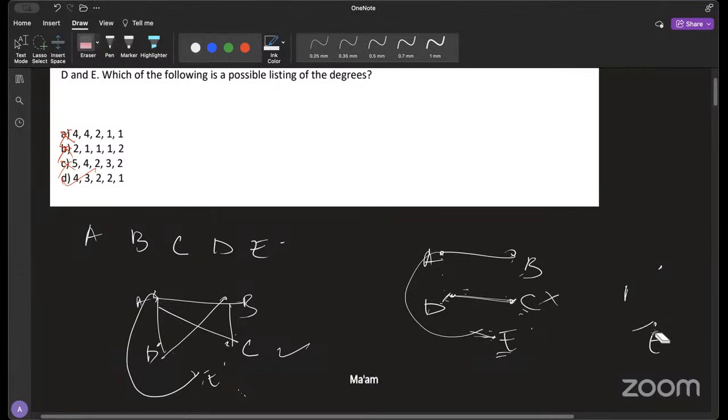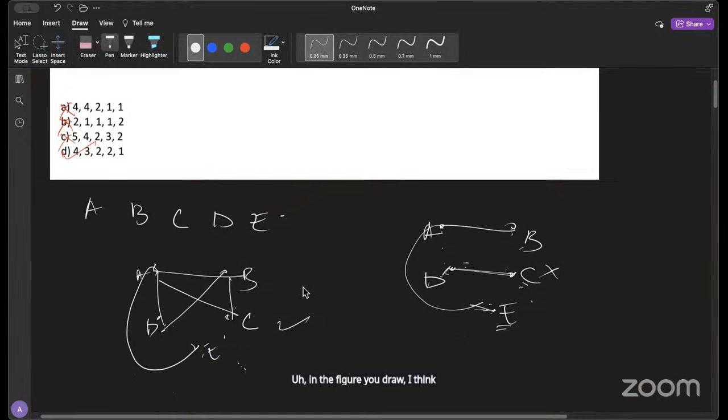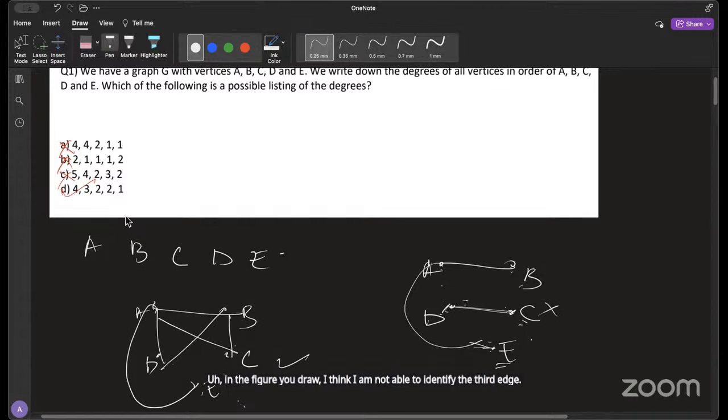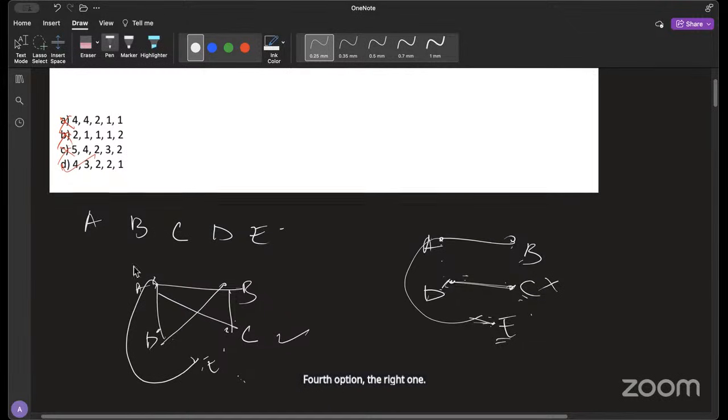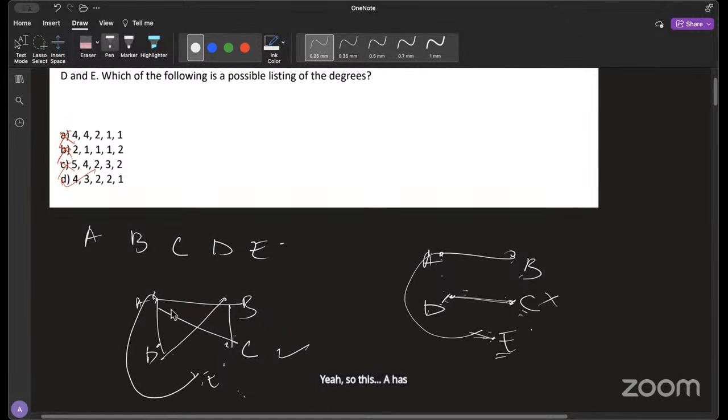Ma'am, in the fourth option D, B is supposed to have three edges, right? In the figure you drew, I am not able to identify the third edge. Which option are you talking about? Fourth option, the right one. So A has four edges, 1, 2, 3, and this is the fourth one.